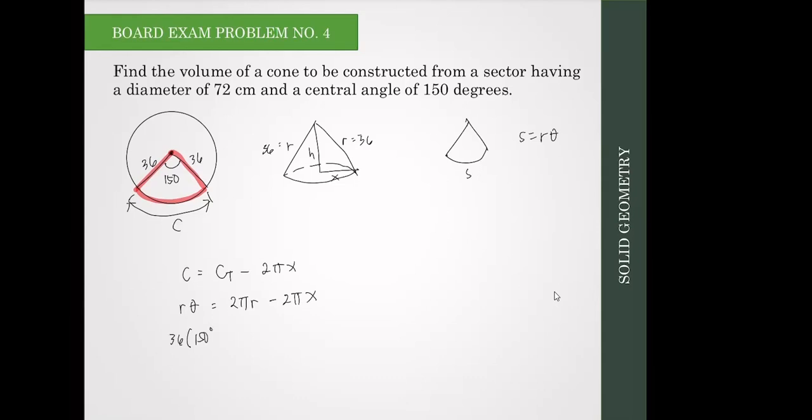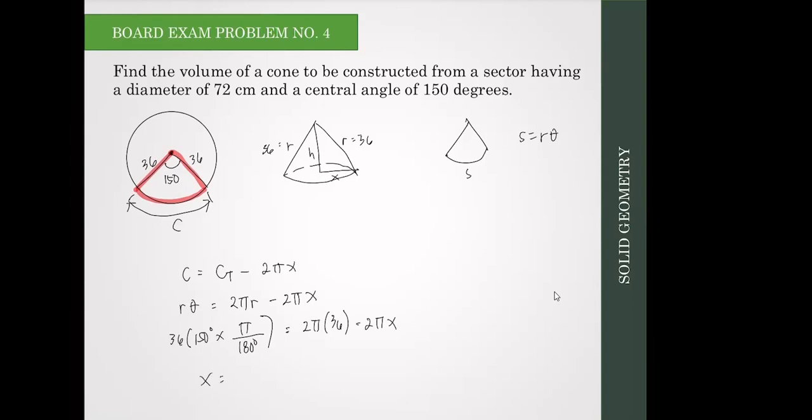Si 150 is naka-degrees, kailangan natin gawing radian. So, ang conversion natin is 180 degrees tapos pi. Equals to 2 pi times 36 minus 2 pi x. Okay? So, pang-solve sa calcu, ano yung magiging value ng x?